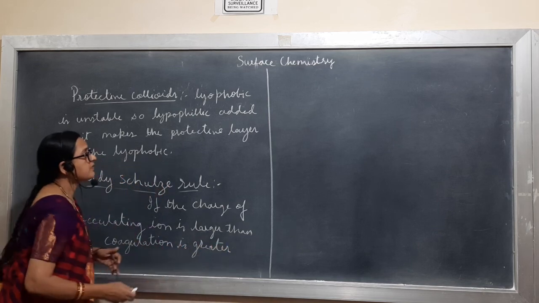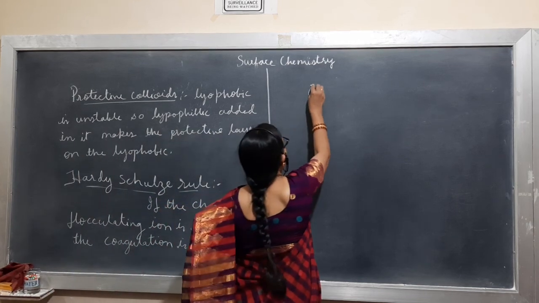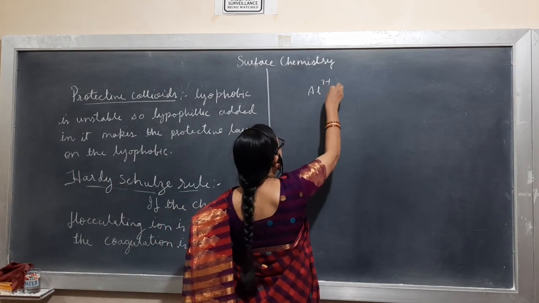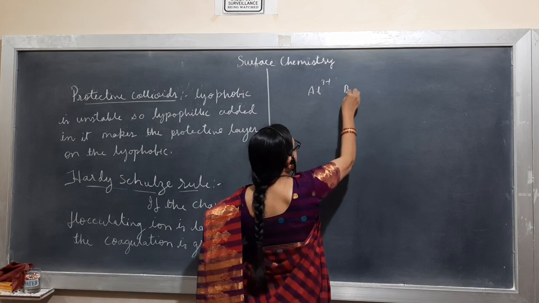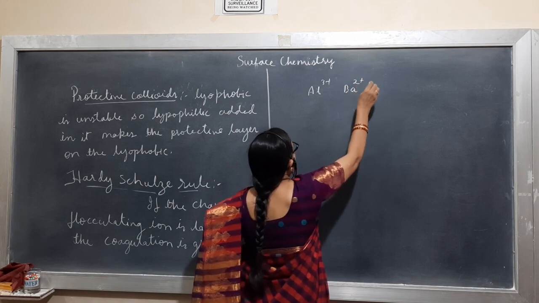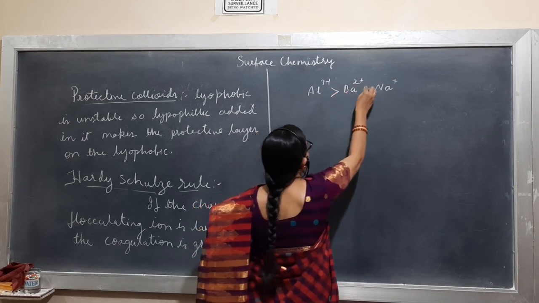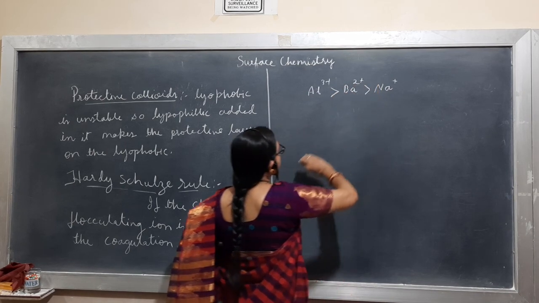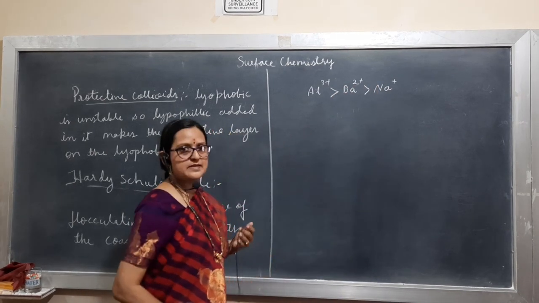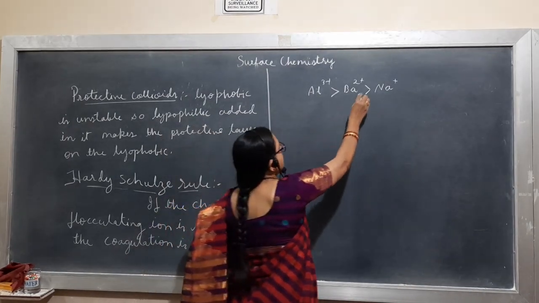For example, if we have aluminium ion, then barium ion and then sodium ion, in this aluminium will have greater flocculating capacity than barium and sodium.